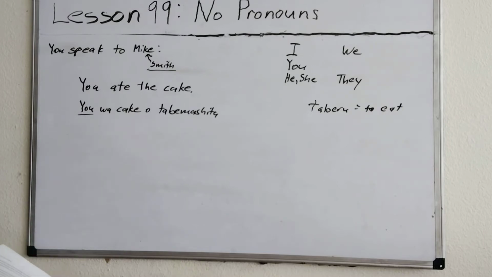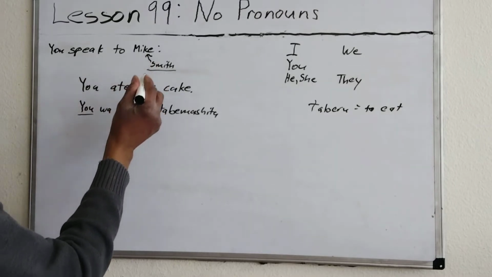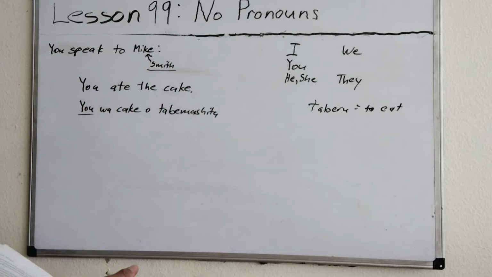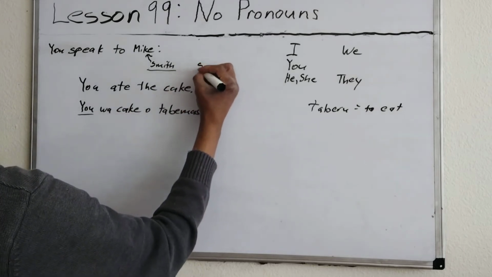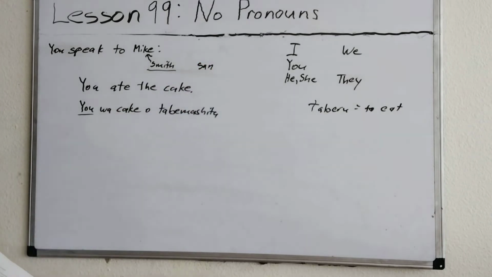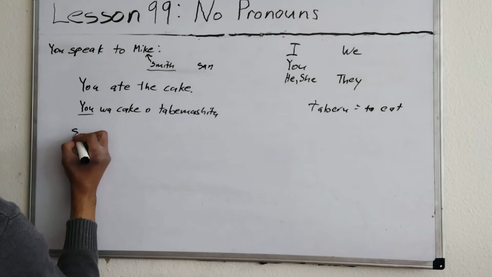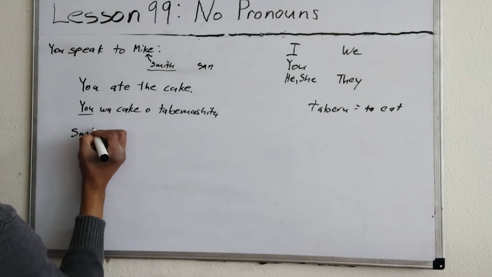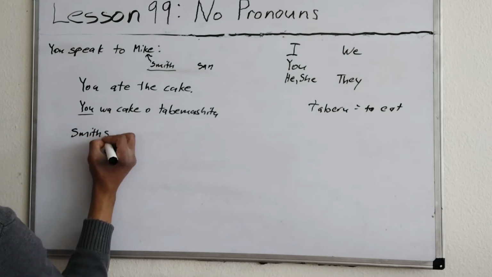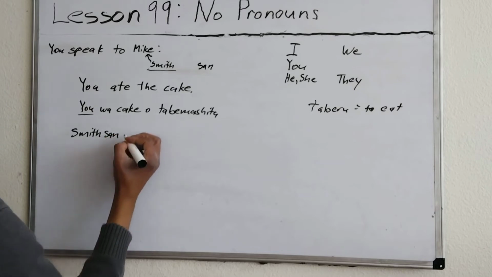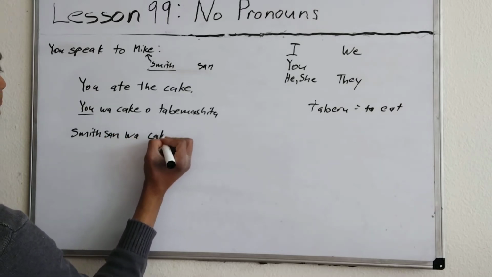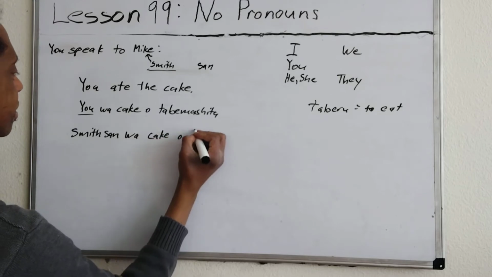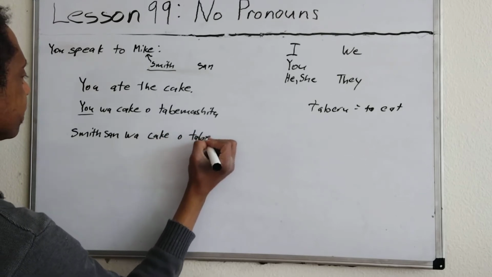So what do you do? Well, you could address him by his name. That is very common. And remember, you always add san as politeness. You would say, Smith-san wa cake o tabemashita.